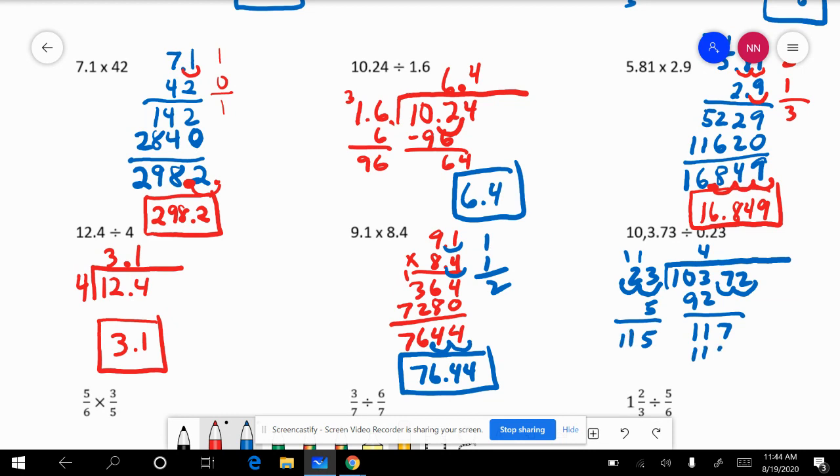So that gives me 115. When I subtract it, I get 2. Then I bring the 3 down. 23 goes into 23 one time. So my final answer is 451.